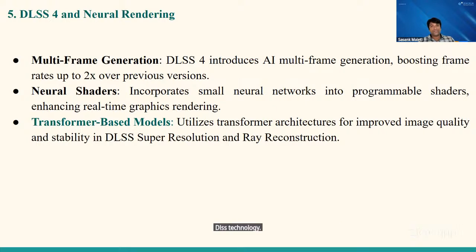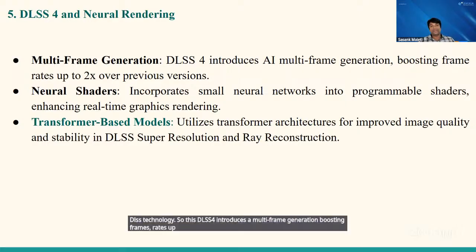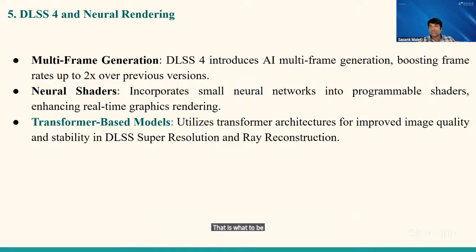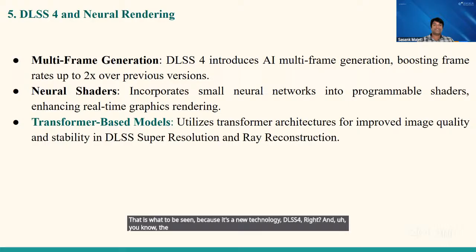So this DLSS4 introduces multi-frame generation, boosting frame rates up to 2x over previous versions. That is what they're claiming; it is yet to be seen how that will impact the generative AI part, because it's a new technology. And the second generation transformer is something new which has been launched.